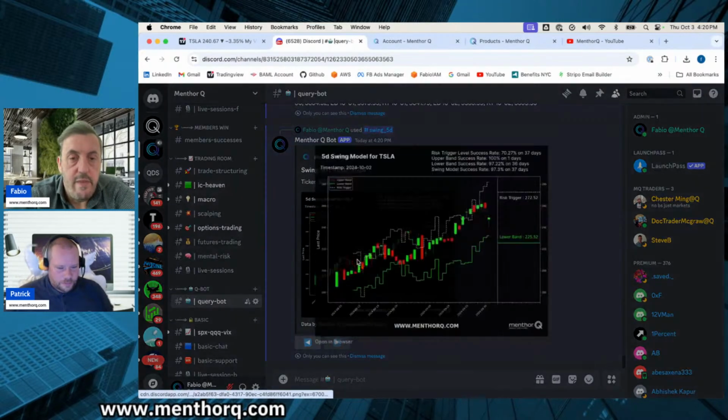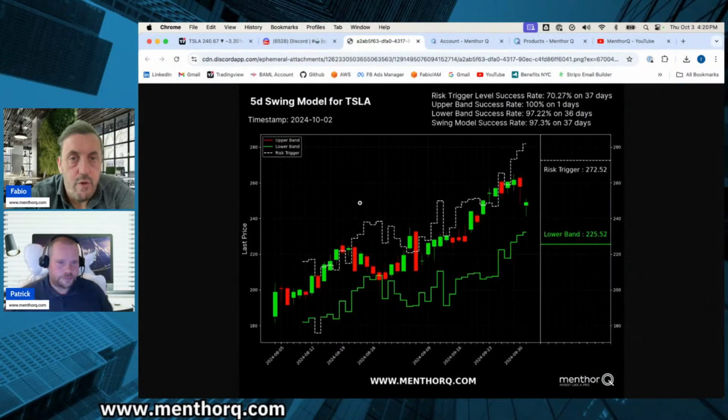And then another thing, Patrick, that you can also use within the model: if you want to see how the swing model has performed over time, we also have a backtesting result here. In this case, for example, if you look at the lower band, in 97% of the cases over 36 days, we had a success. Success means the price in 5 days is above the lower band.